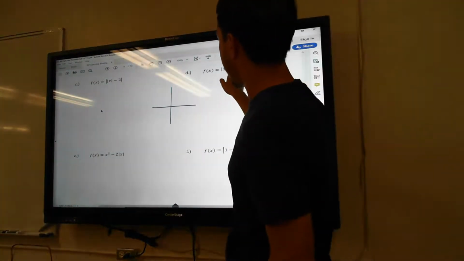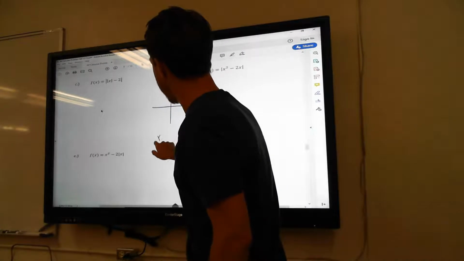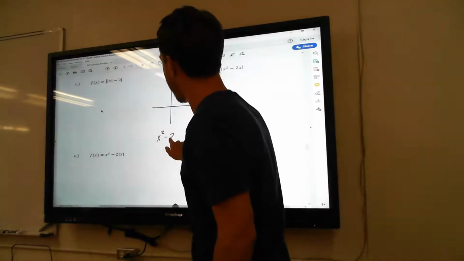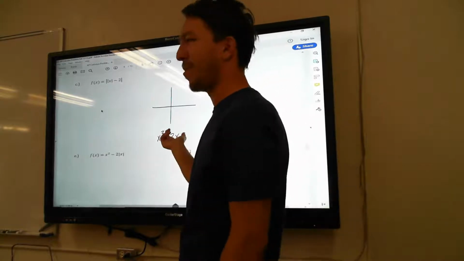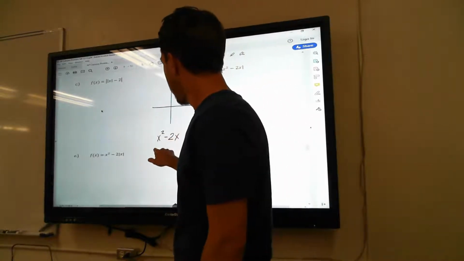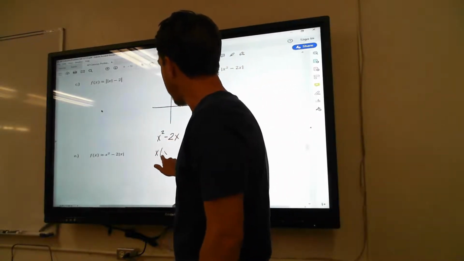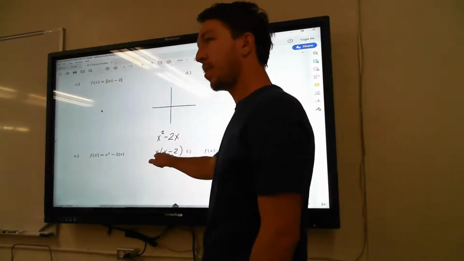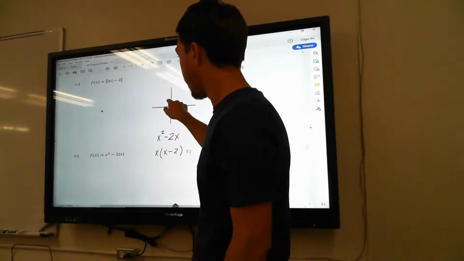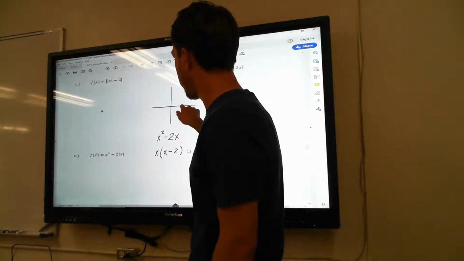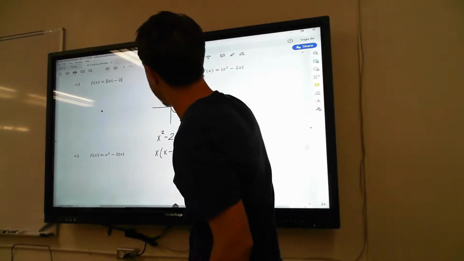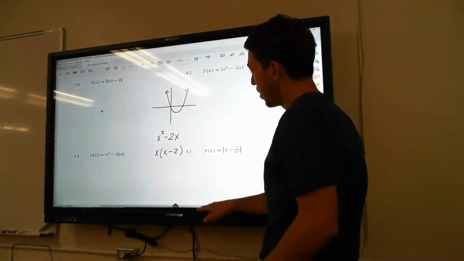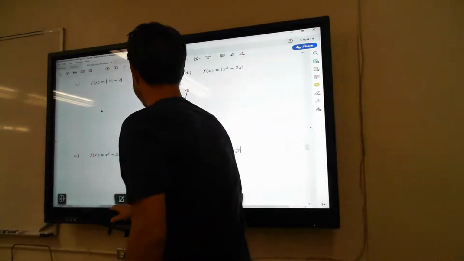Now, do we remember how to graph this by itself? Let's think about that. That's one way to do it, yes, to factor it. So you'd say, how do I graph this? I know it's a parabola. We all know that, hopefully. Factor out the x, and now it's a little more obvious what it looks like. It's a parabola with zeros at 0 and 2. We all okay with that? So that's my parent function now. And so what do I do?